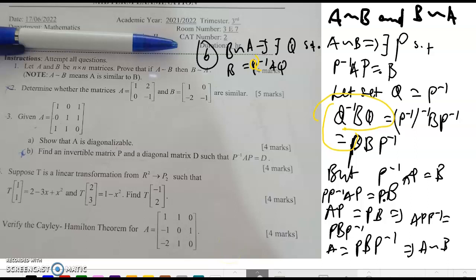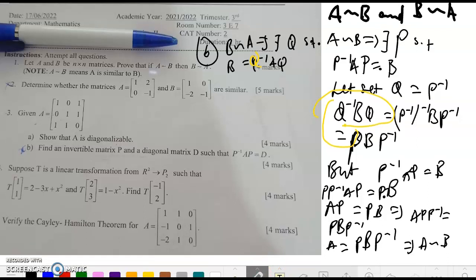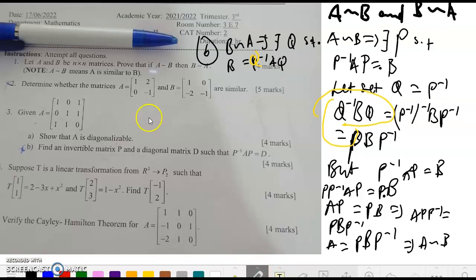Let's take a black pen, so that now we have B is equal to Q inverse of AQ.